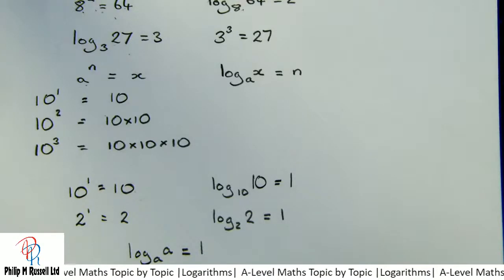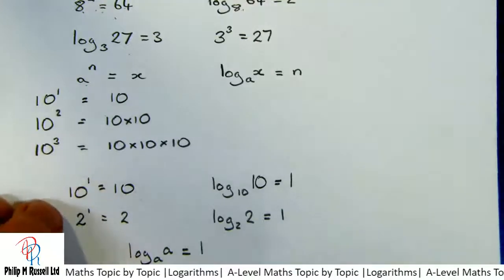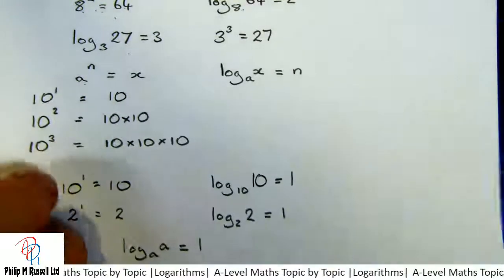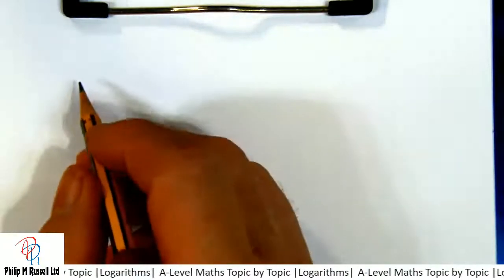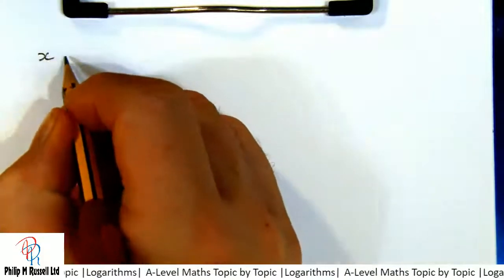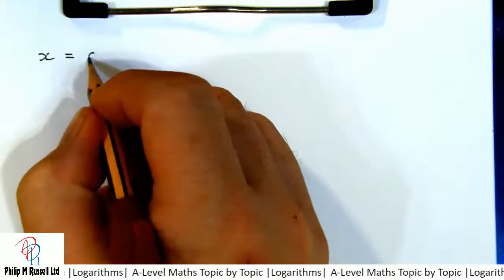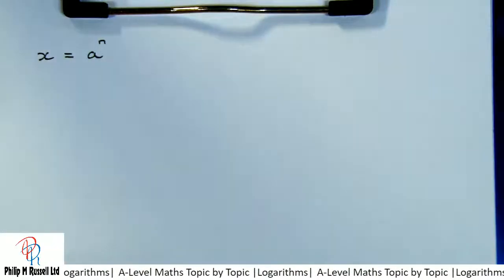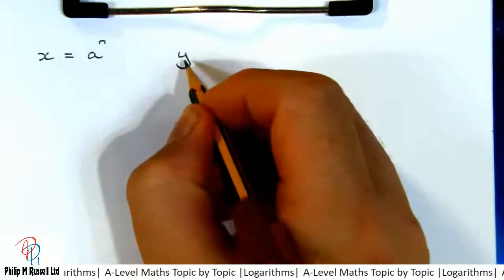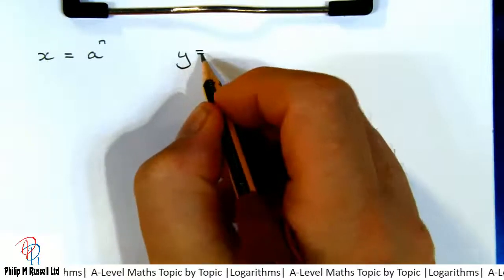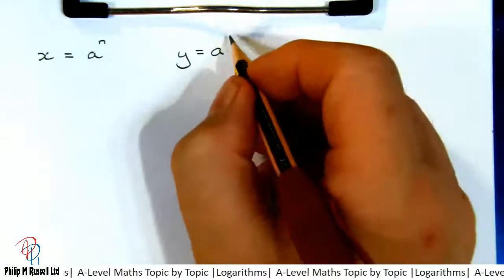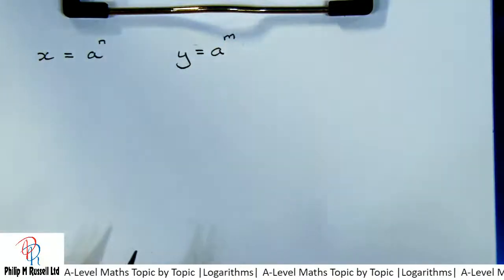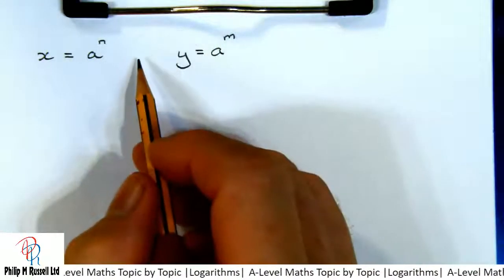Now let's see if we can look at a few rules of logarithms, and they're not really very difficult to follow. Let's see what we know. Let's take a number. x equals a to some sort of power, and we'll take another number. y equals a to some other power. This is trying to do this fairly generally.